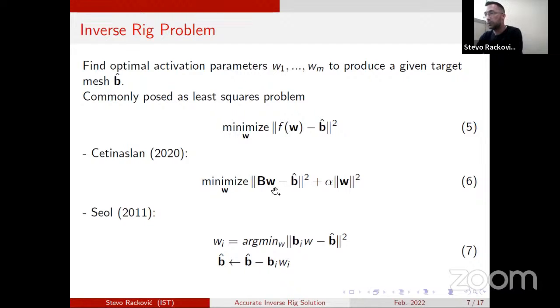Another thing that these authors propose in the same paper is making this matrix B more sparse. This is done with a heat kernel, and the idea is to exclude the effect of the blend shapes that are less relevant for each of the vertices in the face. That's usually preferable because it would give a sparser solution and maybe higher stability.